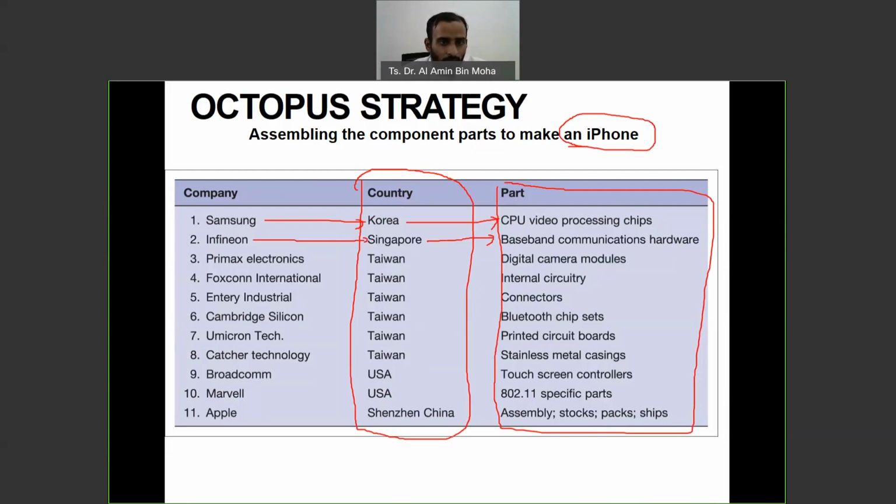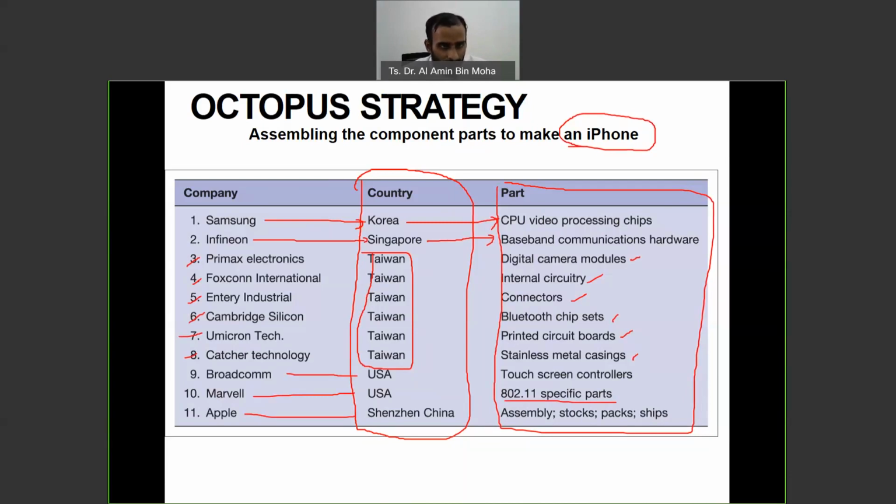Primax Electronic, and Taiwan is dominating with several companies, 3, 4, 5, 6 companies in Taiwan, and they have their own focus: digital camera, internal security, connector, Bluetooth chipsets, printed circuit board, stainless metal casings, and so on. And we have Broadcom, Marvell, USA, touch screen controller, and also some specific parts here.